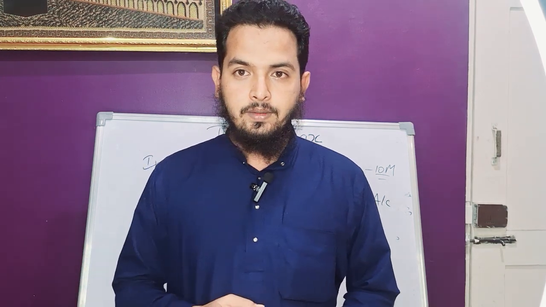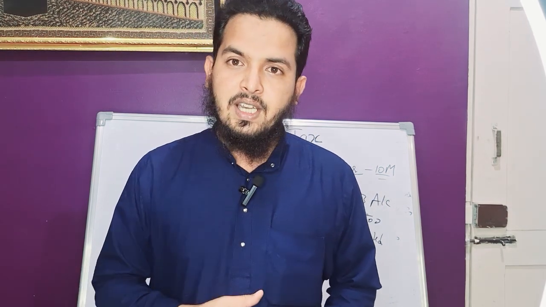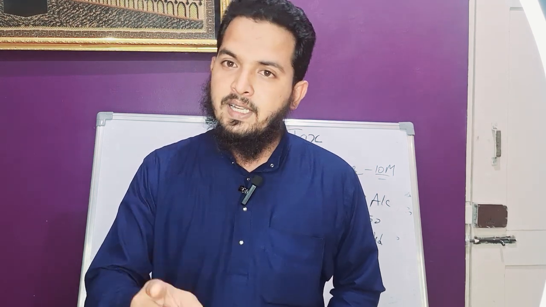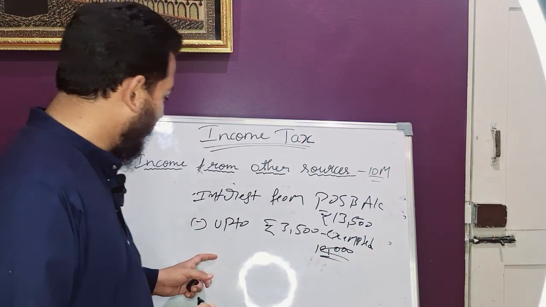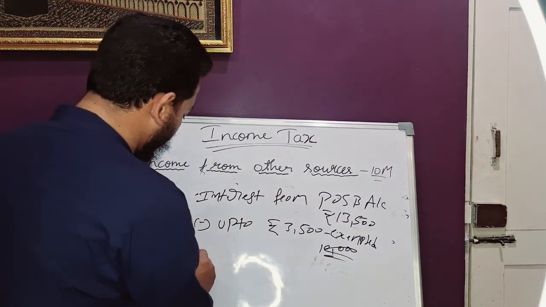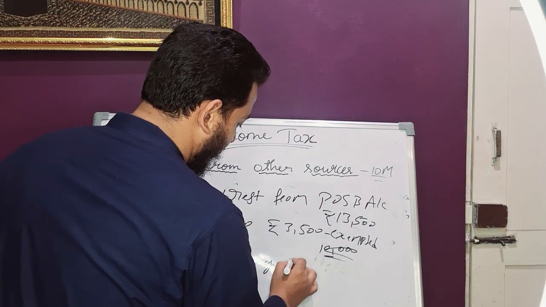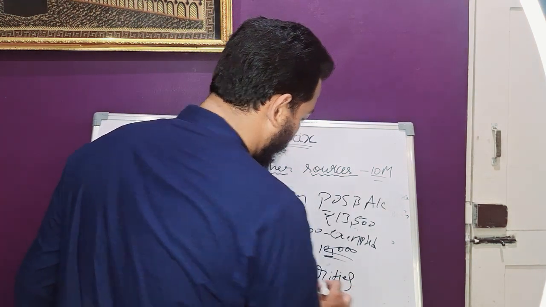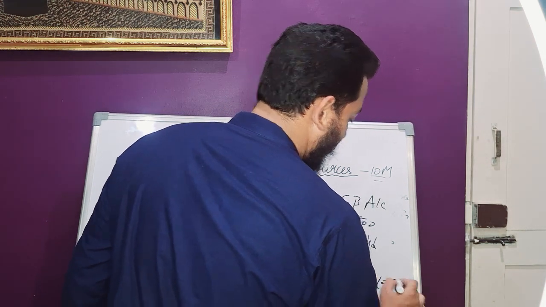Then one more point here: if they have given collection charges to receive interest, any collection charges to receive interest are deductible. For example, they have given interest on government securities rupees 10,500.